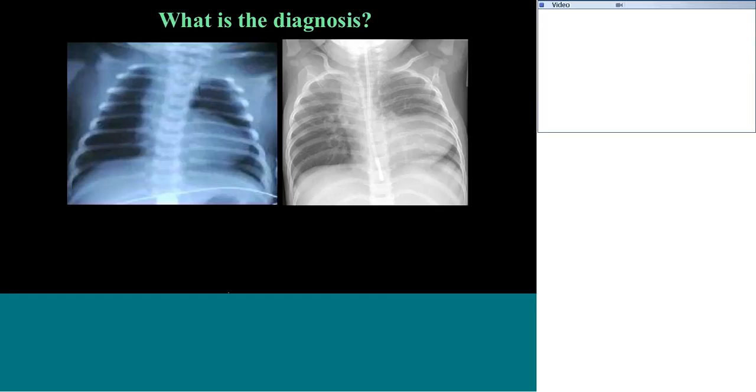Okay, here the aortic arch is on the right or the left? No, not the tracheal stenosis. Tracheal stenosis cannot be made out. That's not the thing. Right-sided aortic arch.